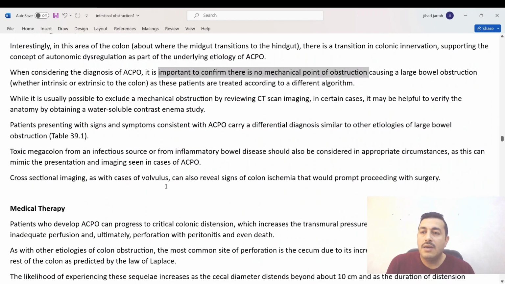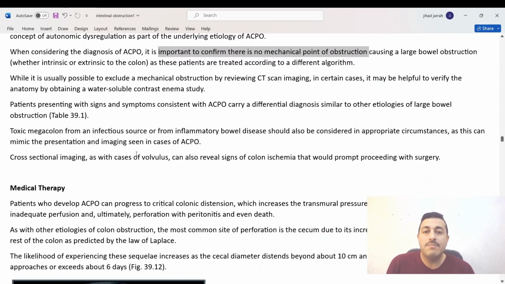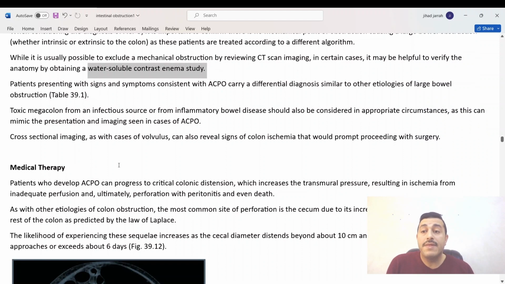Sometimes CT is not enough to rule out mechanical obstruction. We may proceed to water-soluble contrast enemas. The causes or predisposing factors of acute colonic pseudo-obstruction can be similar to ileus.